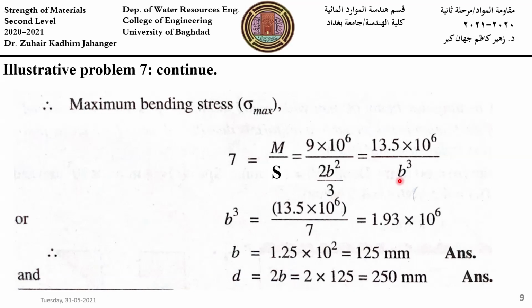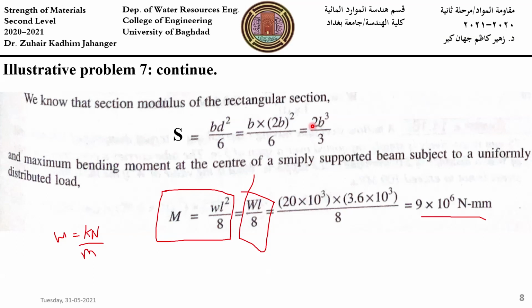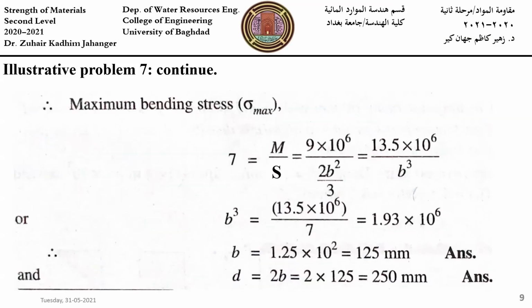So jumping to continue to cover the requirement of illustrative problem 7 in this slide. The maximum bending stress sigma max, as given, is not to exceed 7 megapascal, equals M over S. So M is determined, 9 mega over S, which is 2b squared over 3 as calculated here.